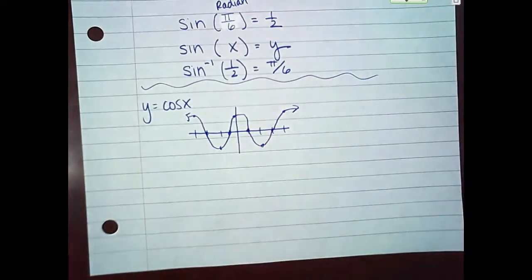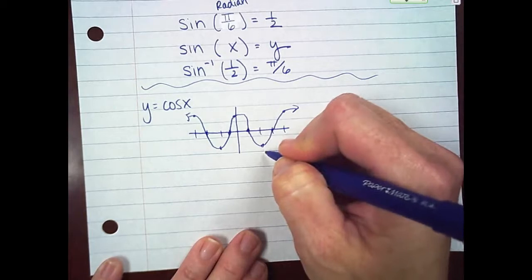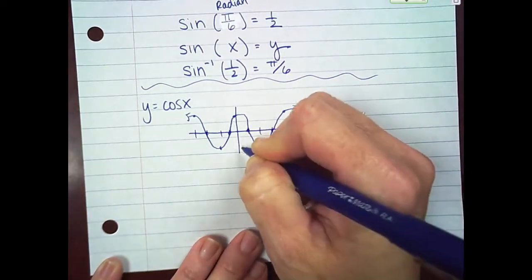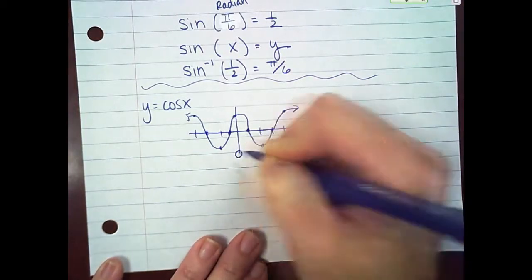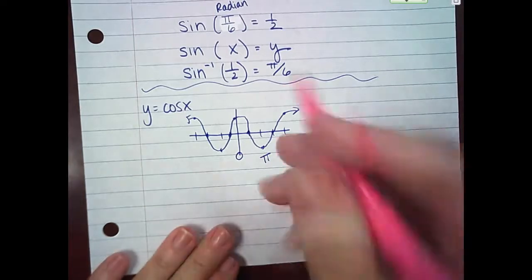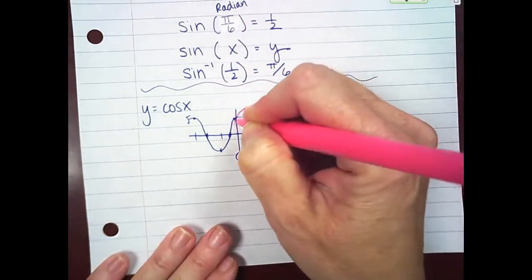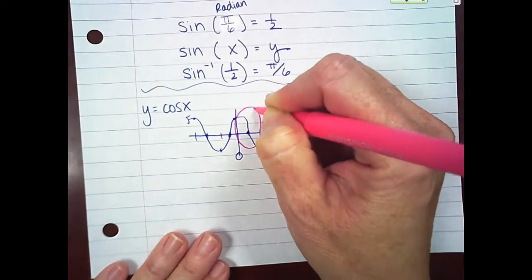And if it was for a true graph, I'd need to label everything, right? Okay, just for time though, I'm going to say, all right, I know that this is pi, okay, and this is 0 because I'm going to need those. And I want to show you something. Here's another color. Right? If you look at this, if I just take a part of the graph, and we're going to use this positive part for a second, just this part of the graph.